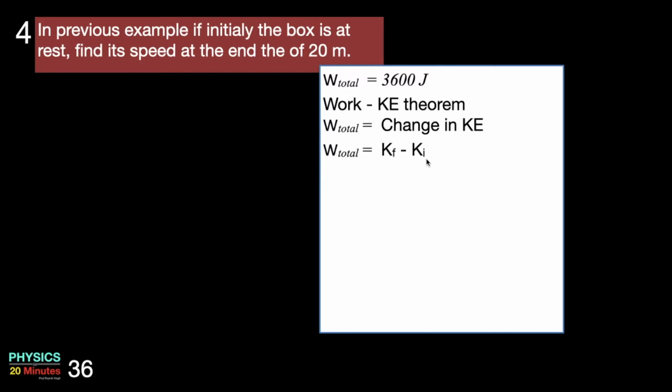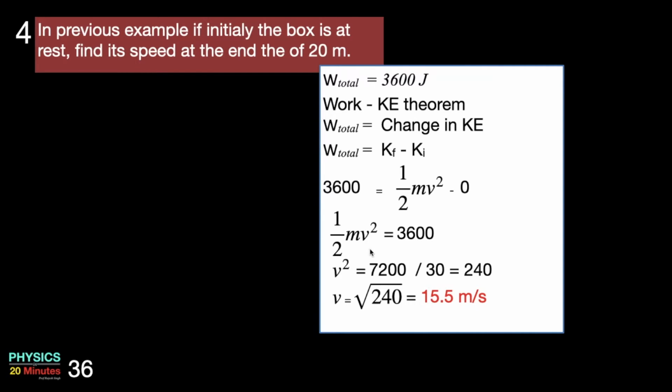Do remember, whenever you write the change in the kinetic energy, it has to be written as final minus initial. Initially the box starts from rest, so initial kinetic energy will be 0. Final velocity, let's say, is v, so final kinetic energy is half mv square, and W total is 3600. That's a simple calculation. That gives me final velocity as 15.5 meter per second.